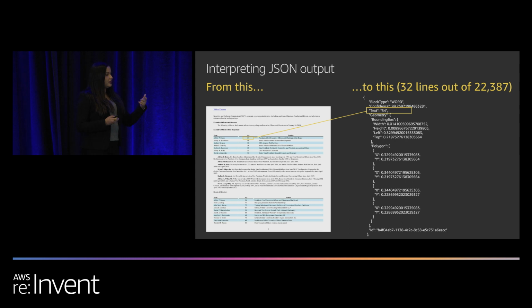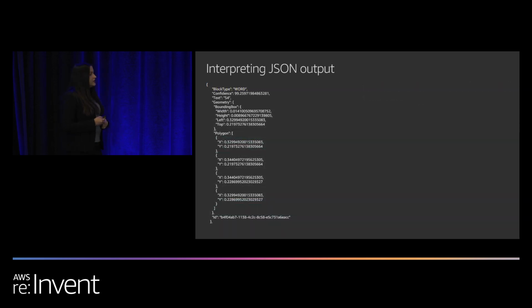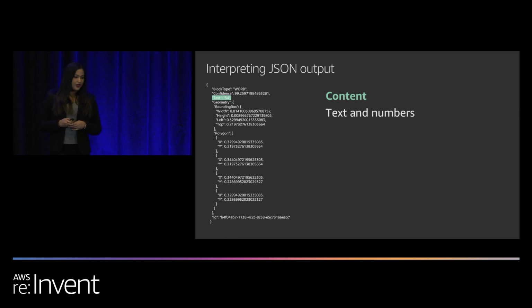Let's focus on the yellow section highlighted on the left here and the 32 lines corresponding to that yellow highlighted section. These are the same 32 lines from the previous slide, and let's see what is the different type of information that is represented here. The first is the content itself, the text and the numbers. In this case, the value is 54.